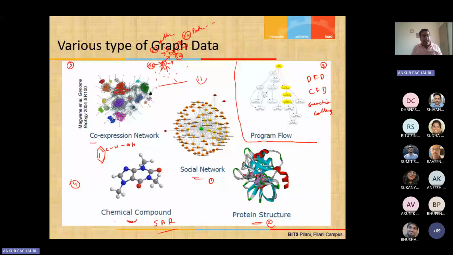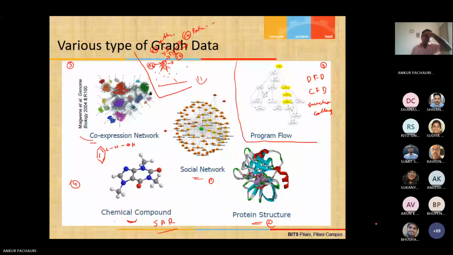So this type of network, if we can expand it to all and perform the web scraping, that's nothing, that's web scraping. If I perform the scraping for those research papers themselves, that will give me the co-citation network.